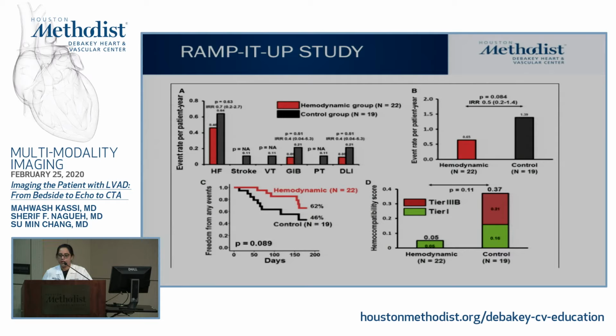So there is value to optimizing the patient, not just from a heart failure perspective. A lot of these outcomes were driven by heart failure readmissions, but even outcomes like stroke, pump thrombosis, and GI bleeding were better in patients with a better hemodynamic profile.